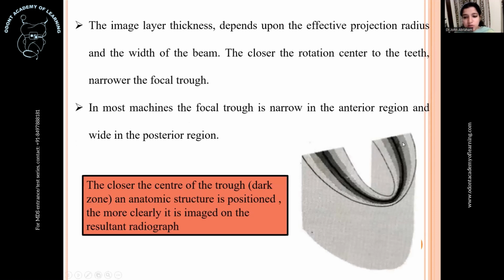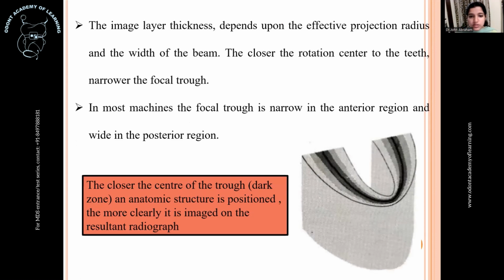So this is our focal trough, where the objects lying within this darker zone will be recorded with accuracy, and the ones located outside will be blurred. The image layer thickness, that is this particular thickness, depends upon the effective projection radius and the width of the beam. The closer the rotation center to the teeth, the narrower will be the focal trough.